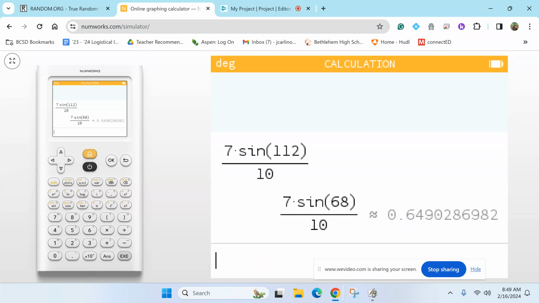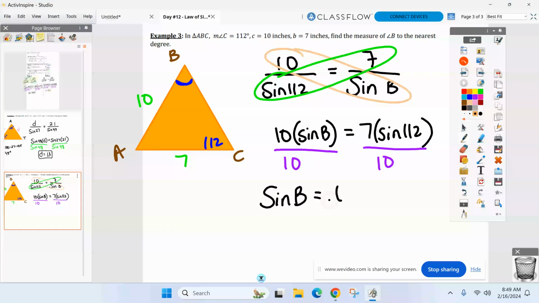I'm only concerned about the decimal. I don't care what it reduces to, just the decimal here. Now I want to talk about a common sense check. 0.6490286982.